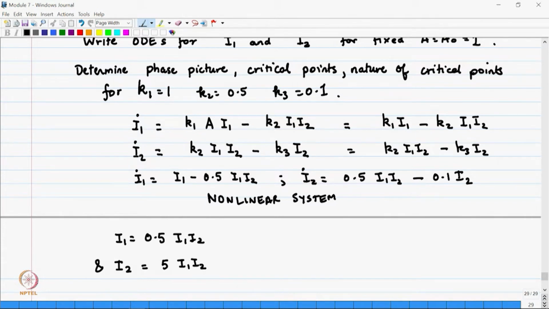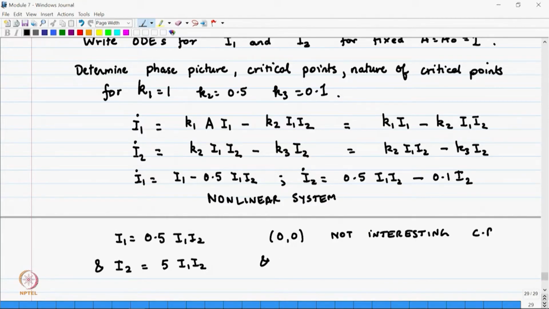So the critical points are 0 0, which is the uninteresting one, and what is the other critical point?